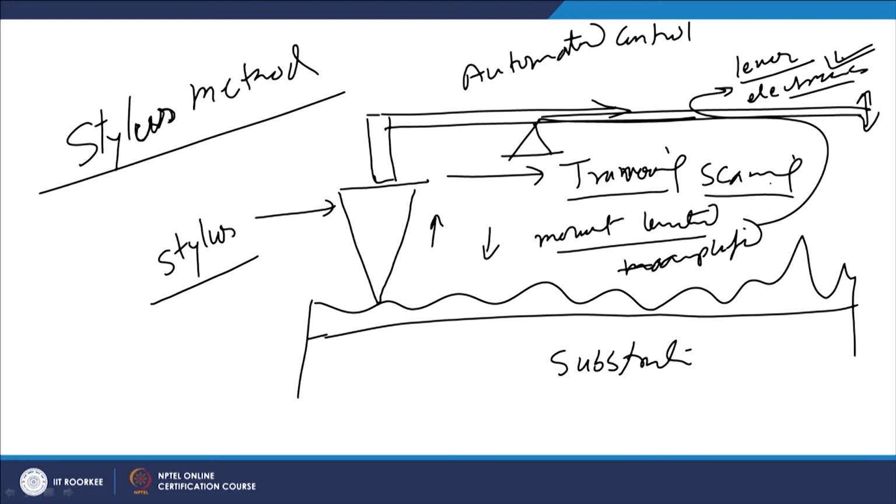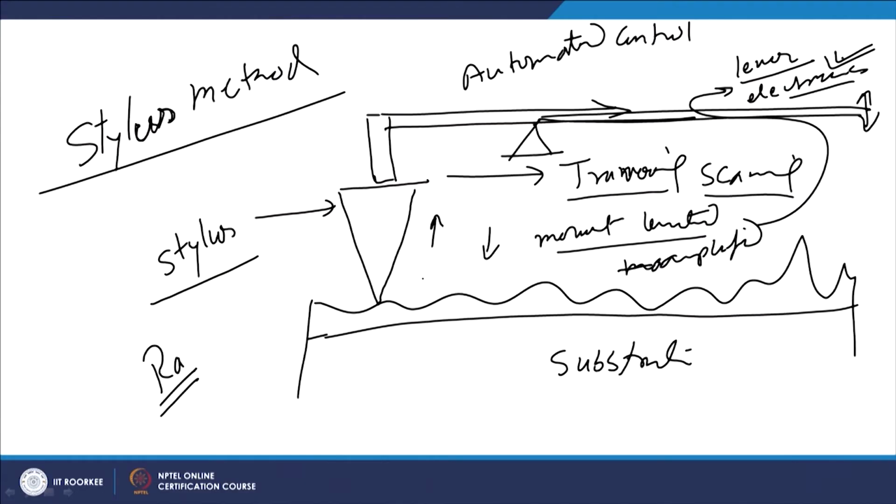In this way we can bring the up and down movement of the stylus to a measurable or quantifiable level, so that the extent of the Ra value over a particular length can be measured.